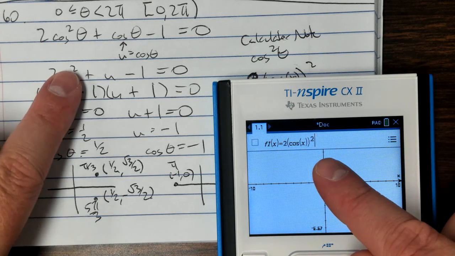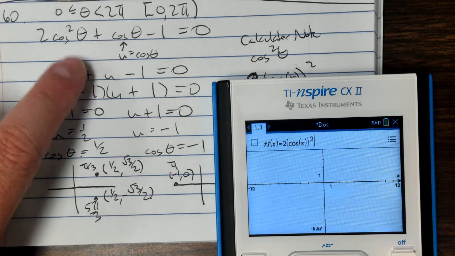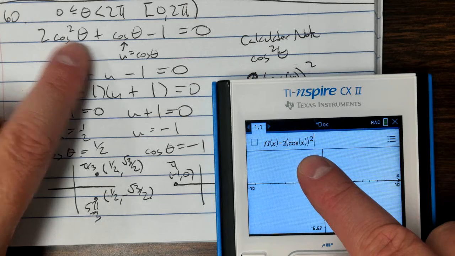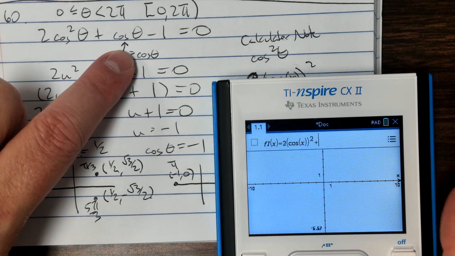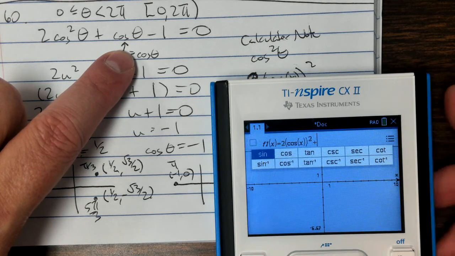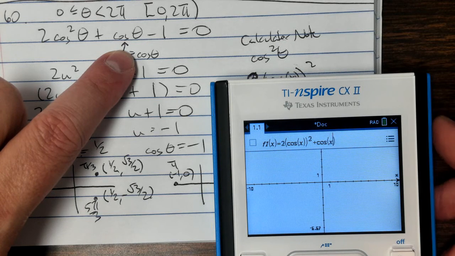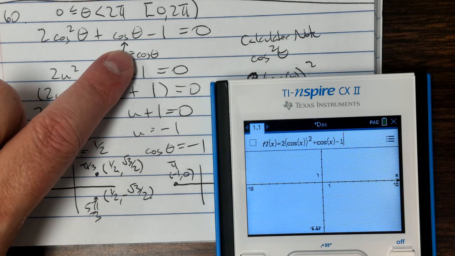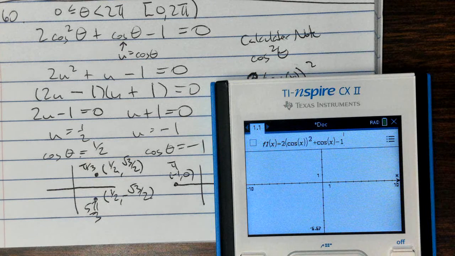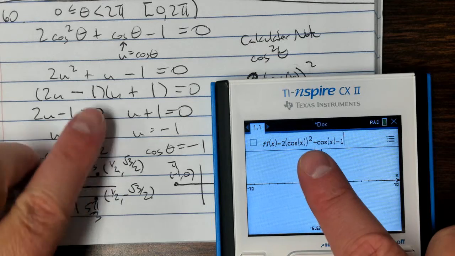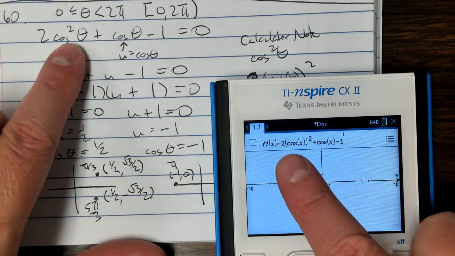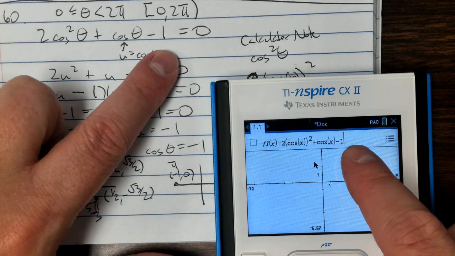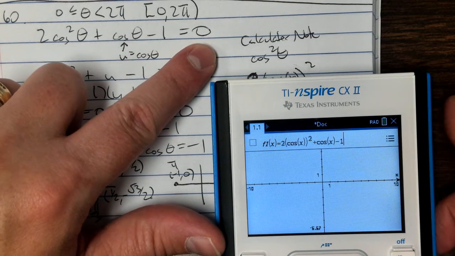So there's your 2 cosine squared. Again, on paper we put the 2 in the middle, but on the calculator we don't. And then plus cosine x, and then we have minus 1. So there's your expression, 2 cosine squared theta plus cosine x minus 1. The right side is just going to be 0.